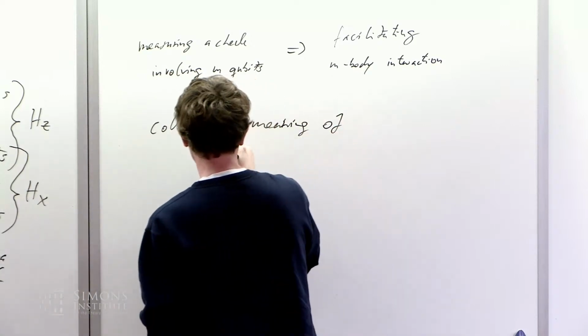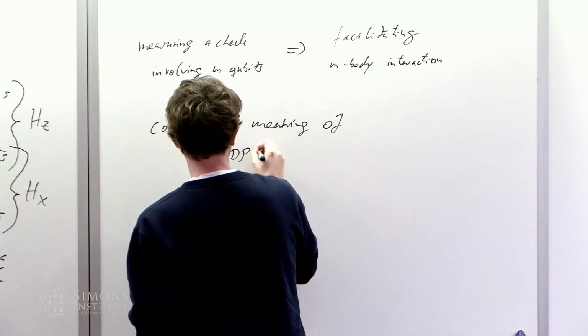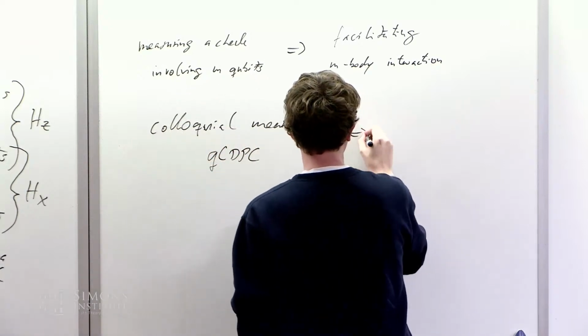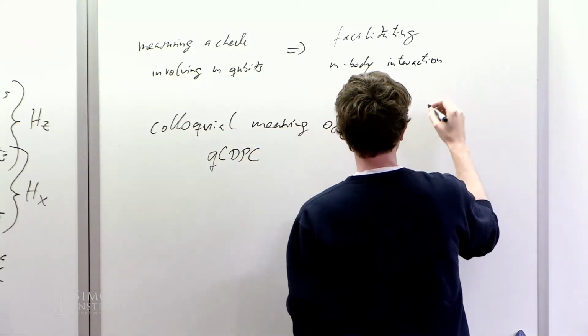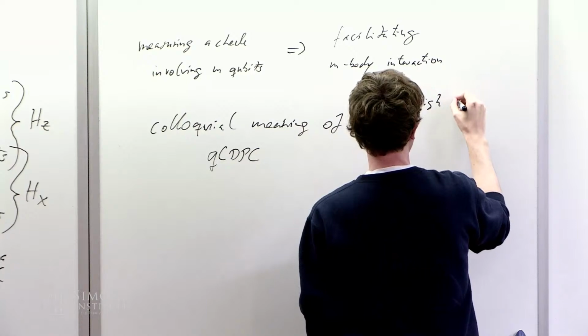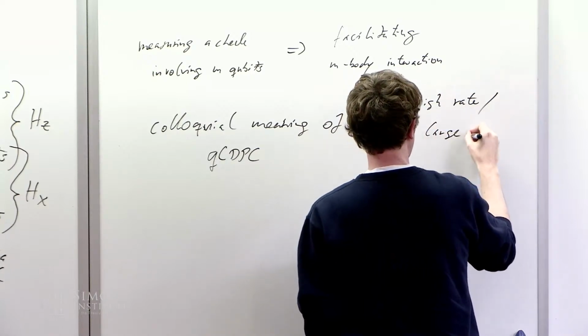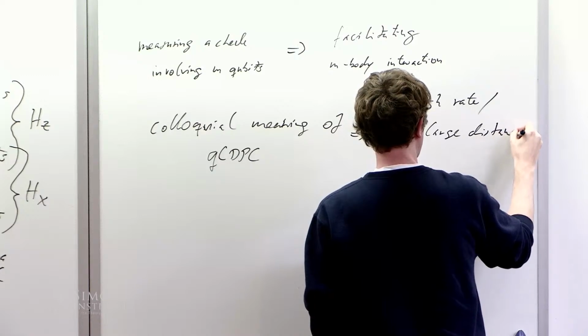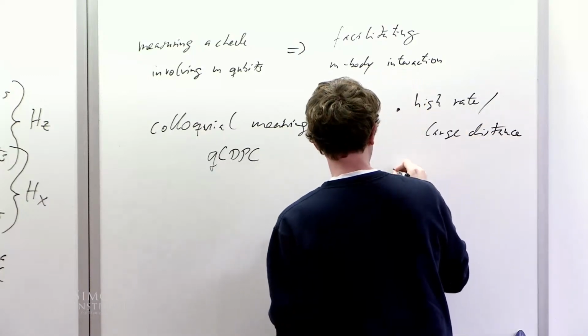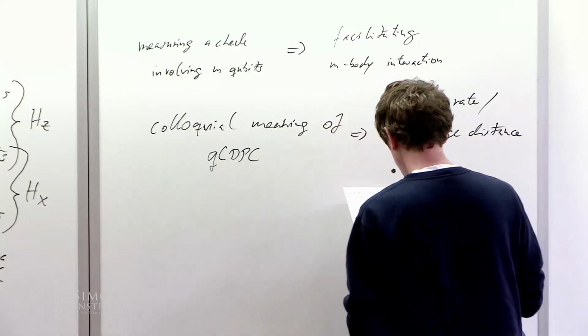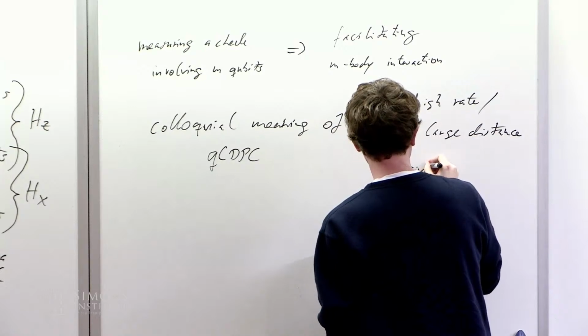Of QLDPC, and this is that these codes have high rate and large distance. And also, usually there's a notion of giving up physical locality.